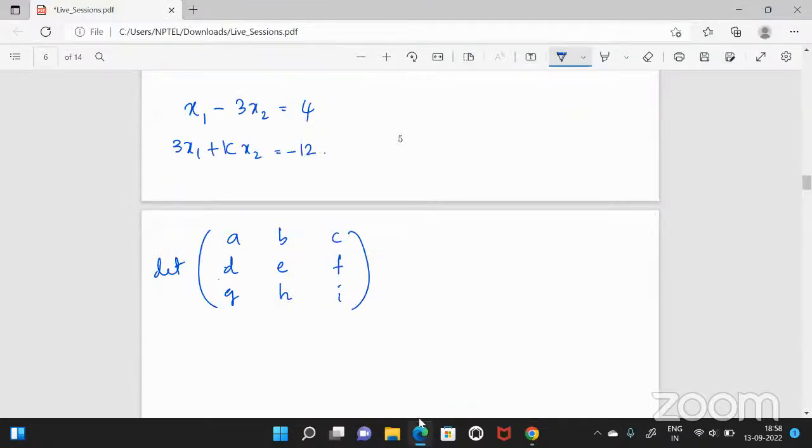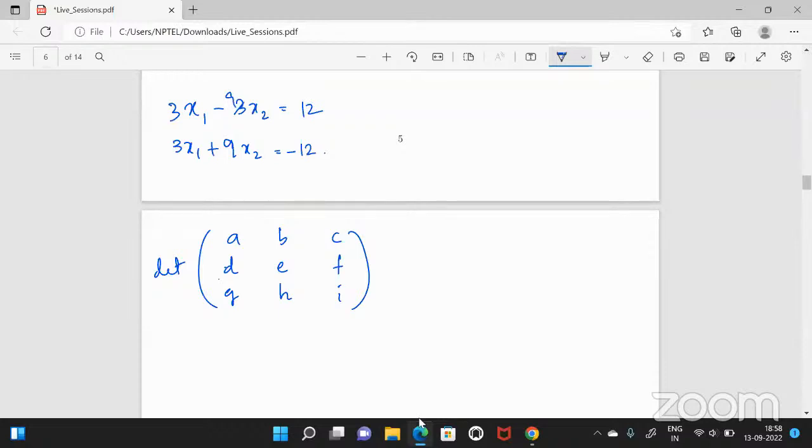So, what did you say? Your answer is 9. Okay. Suppose this is 9. What happens? With 9, what happens? You multiply this equation by 3, and you'll get a -9, and then you'll get 12.